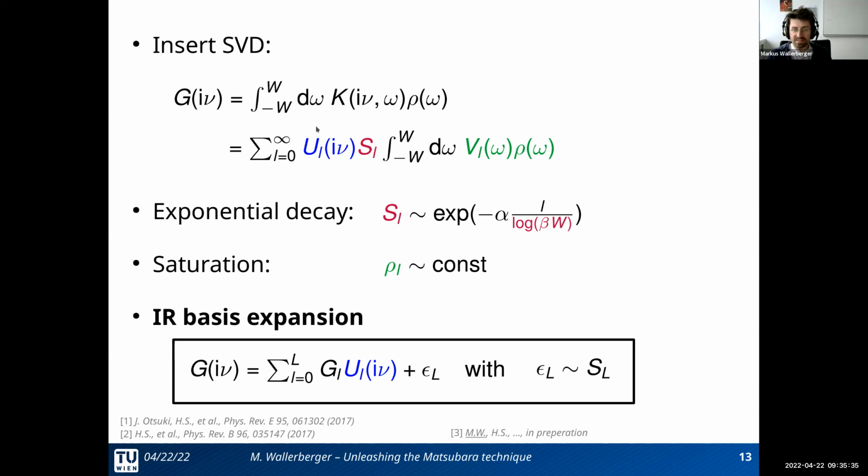That means that we can expand the Green's function we have here in these basis functions, and we can be sure that the expansion coefficients we write in front of them decay, because they are guaranteed to decay by virtue of the singular values. So that's maybe the crucial point I want to make.